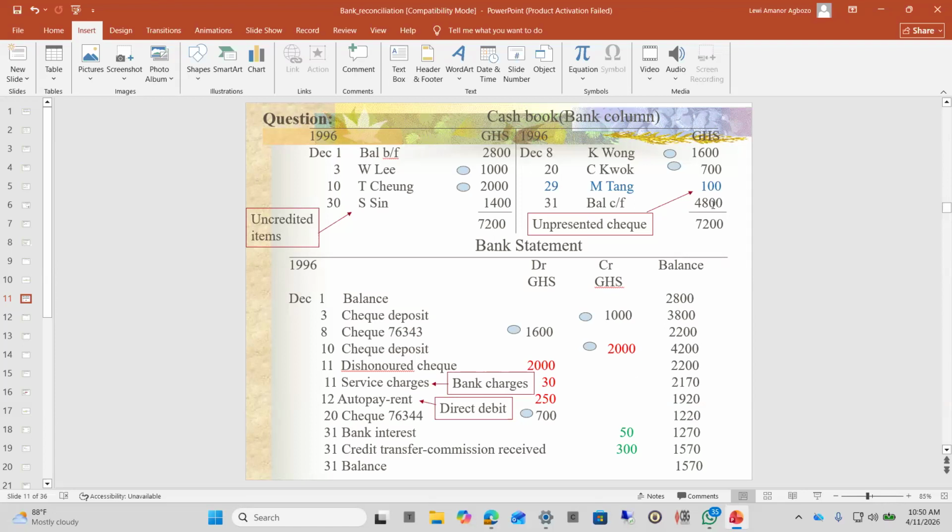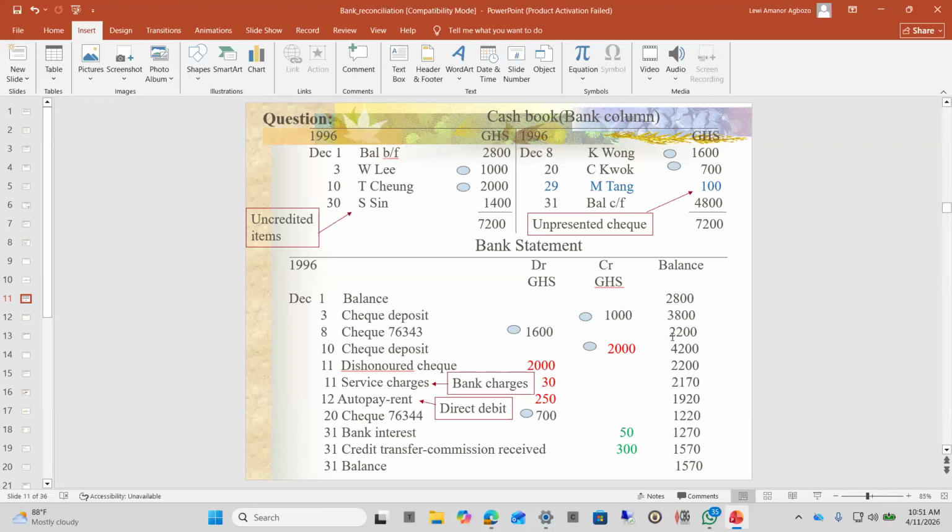So if you want to reconcile the cash book to the bank balance, now that you know that M tank did not send that check, you just add it back to your closing cash balance, and then you are supposed to get what the bank is having. Now, if you have done that, it doesn't mean that you have removed it from your cash book. The cash book itself remains as it is.